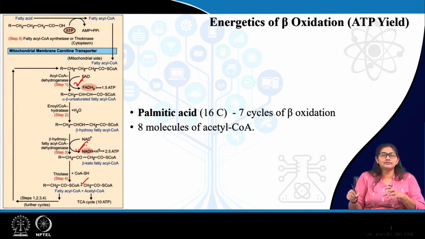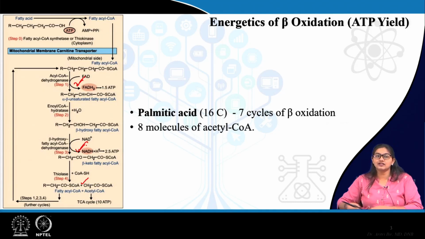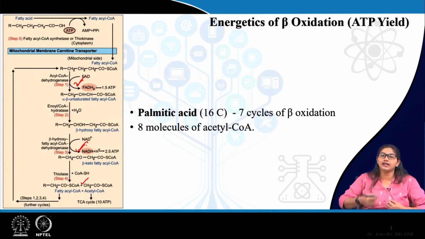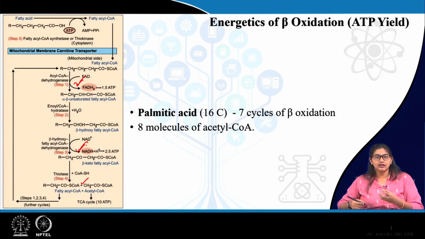So, when beta oxidation occurs, fatty acid can be completely oxidized via formation of acetyl coenzyme A, NADH and FADH2, which enter the TCA cycle, and via the TCA cycle enter the electron transport chain. So, there is complete oxidation of fatty acid during beta oxidation.